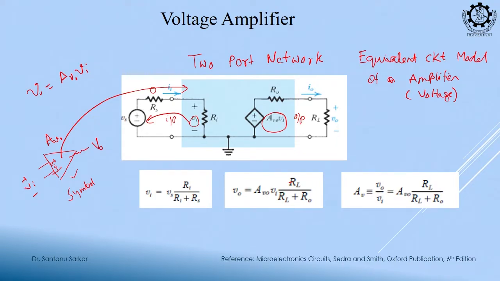So, do not get confused by this model, this is actually a 2-port network of a voltage amplifier. We can calculate this easily using KVL, and we can find the voltage gain, output by input.